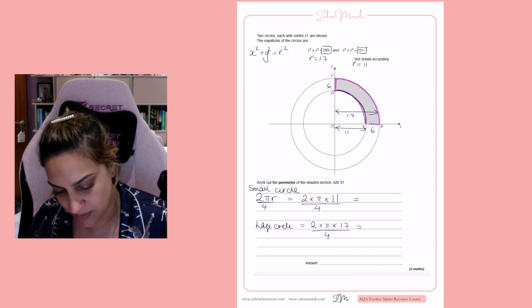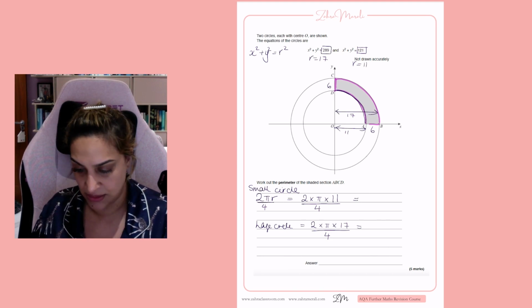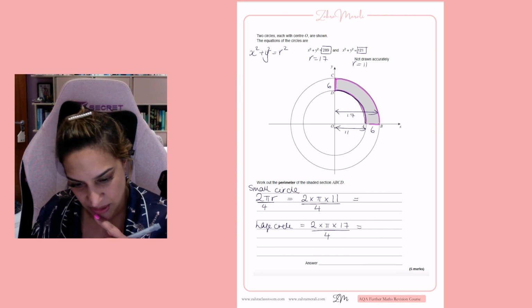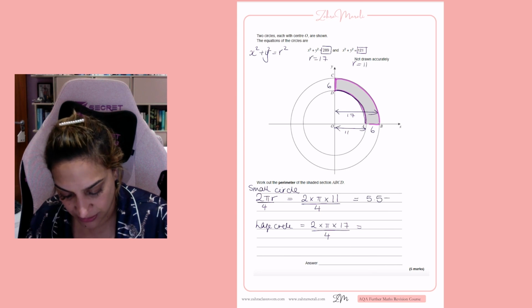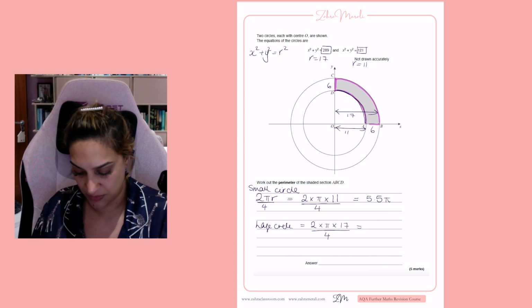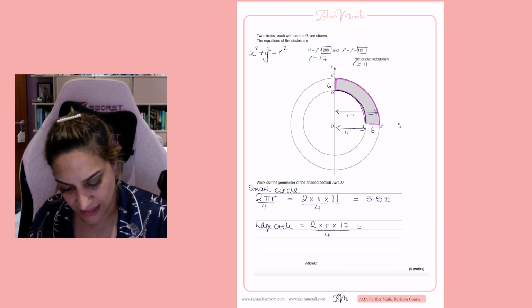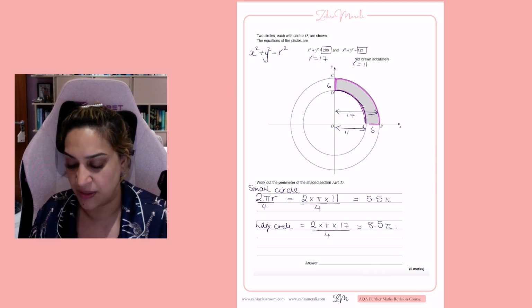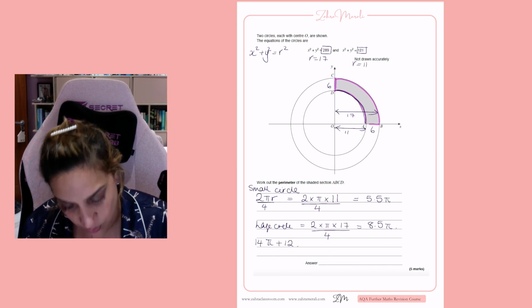So we can leave it as 5.5 pi, and 17 times 2 divided by 4 gives us 8.5 pi. So we're going to get 8.5 plus 5.5, so 14 pi plus 12.